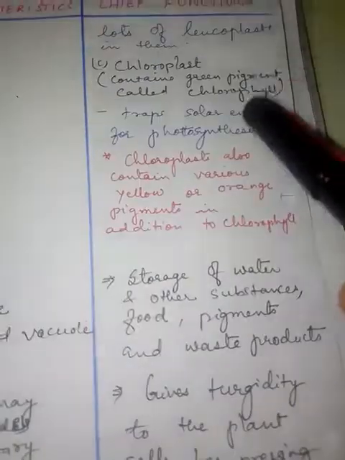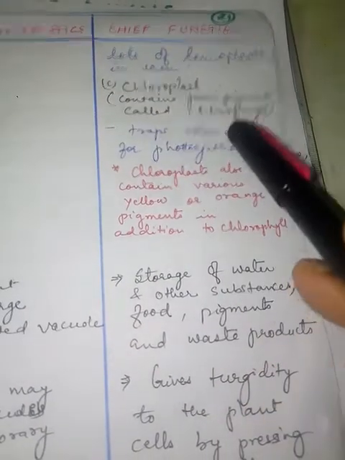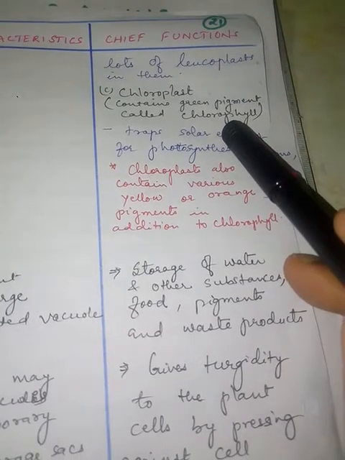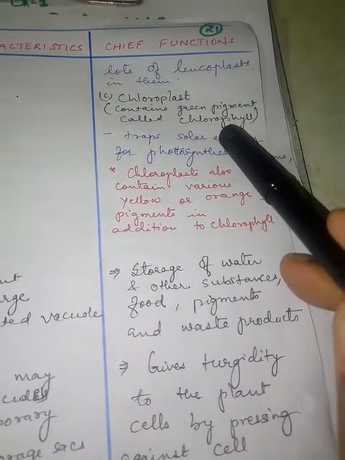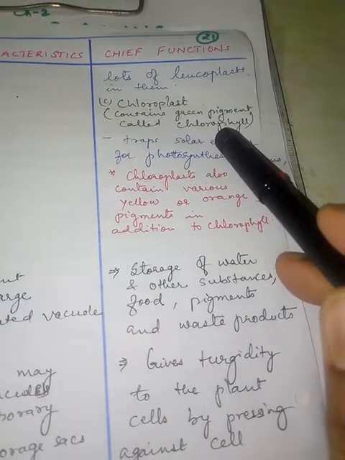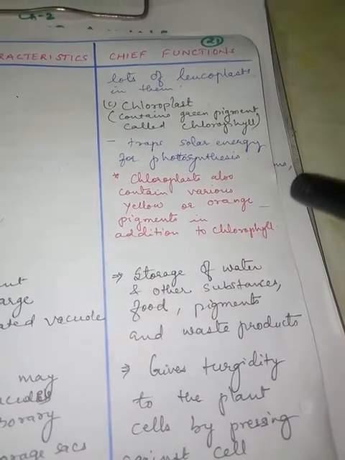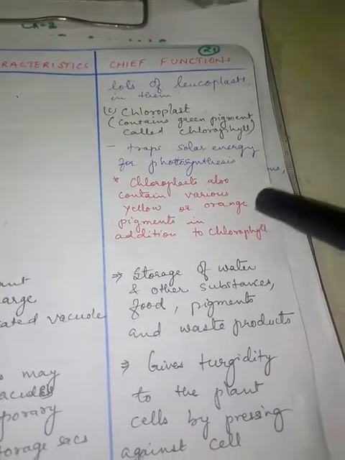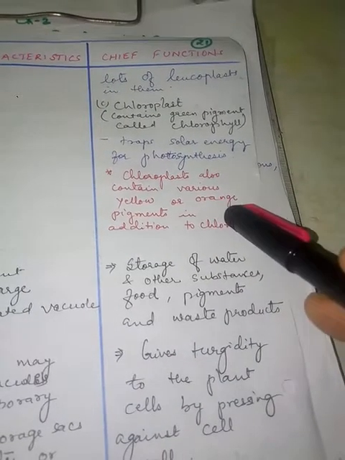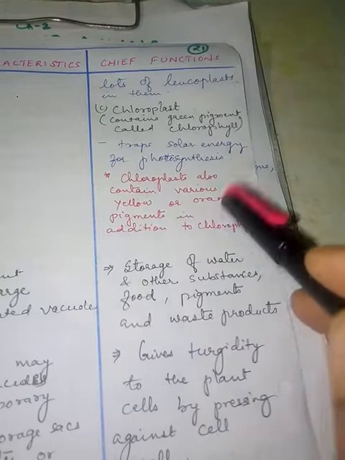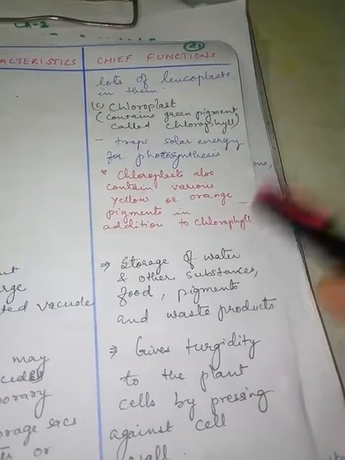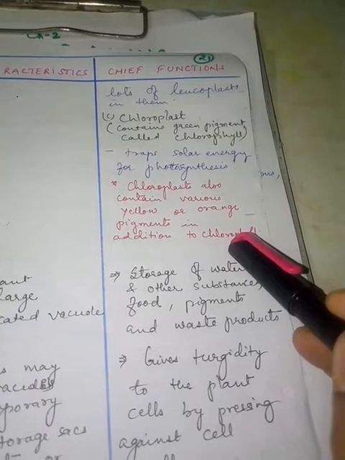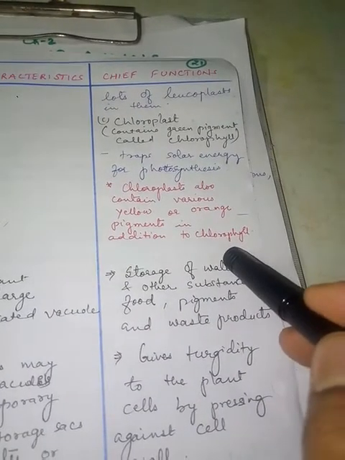Next comes the very important type of plastid, and it is chloroplast. Chloroplast contains the green pigment called chlorophyll, and we should not understand that no other pigment is present in the chloroplast. Other pigments are also present in the chloroplast, like orange and yellow, but the green pigments are much more as compared to the yellow or orange pigments, and that is why they appear green in color, but it doesn't mean that it has only green pigments.